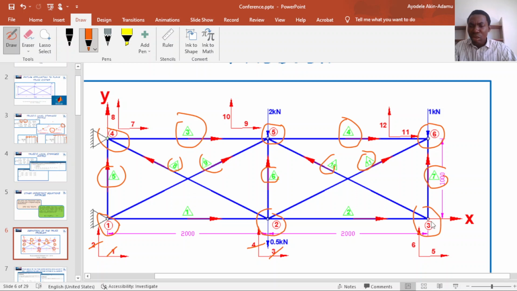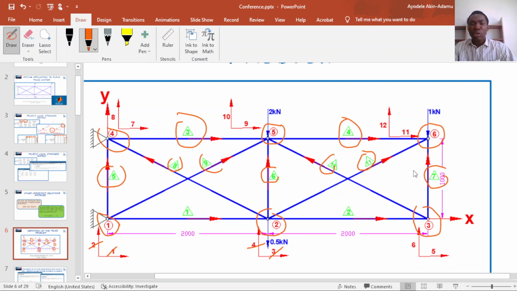Node 3 has 2 degrees of freedom, so 5 and 6. I move to node 4, 2 degrees of freedom, 7 and 8. Node 5, 9 and 10. Node 6, 11 and 12. So this problem has 12 degrees of freedom. This is how we define our finite element model for the truss system.